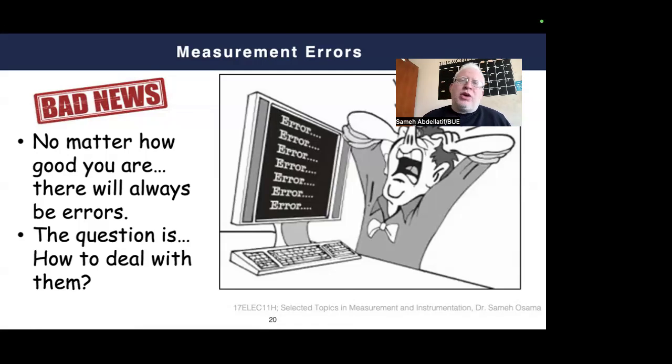What you are trying to do is understand and analyze errors so that you can perform some mathematical techniques in order to minimize their effect. But basically, you will find errors everywhere in your system. And maybe the first question to be asked in this direction is, what are the sources of error?